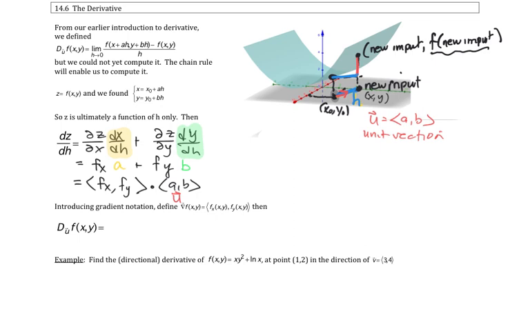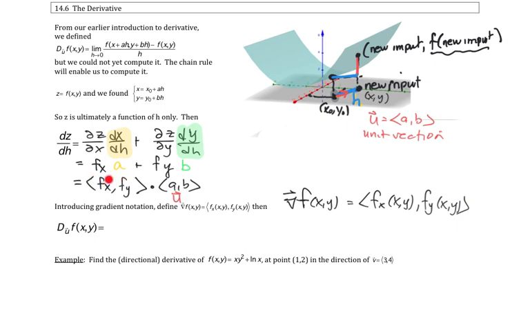Now, one other thing that we do, just to make this formula easier to write, is we introduce this notation here. This we call the gradient of f. The gradient of f, it's an operator. And the gradient of f is defined to be a vector where we take the partial with respect to x and then the partial with respect to y.